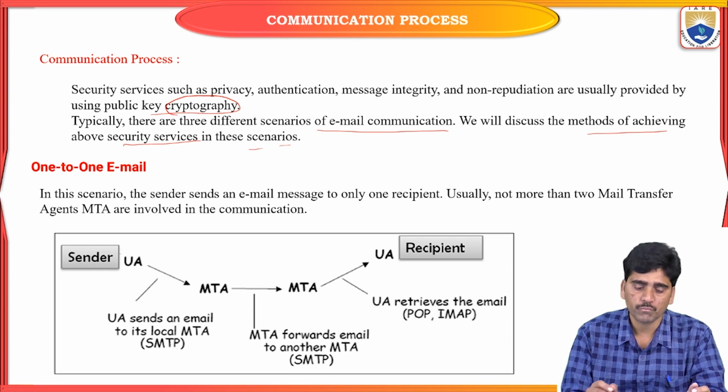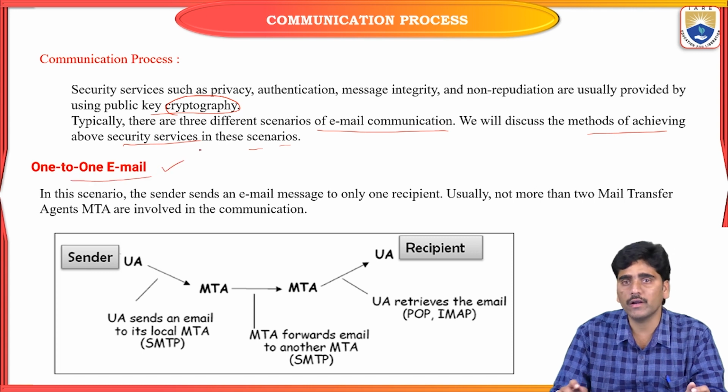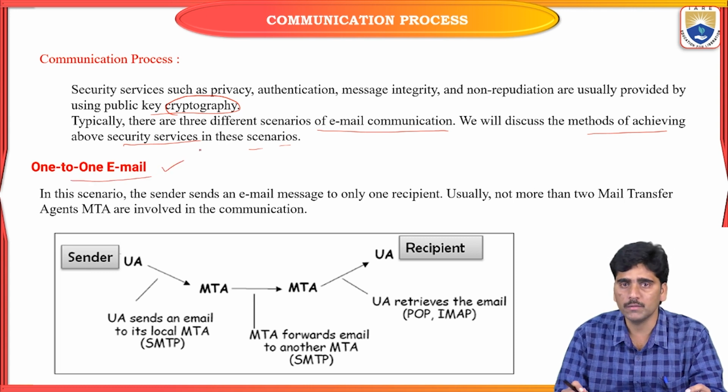So here the first one is what? One-to-one email. As the name indicates, the sender and the recipient are both single persons. The sender is one person and the recipient is also one person. The sender can send one mail at a time to the recipient.